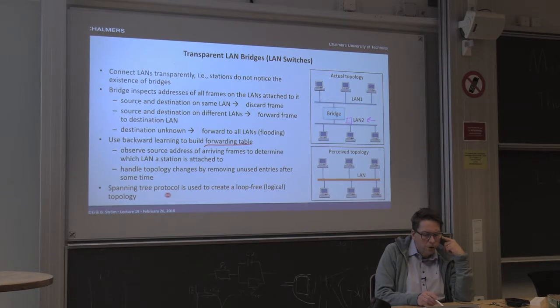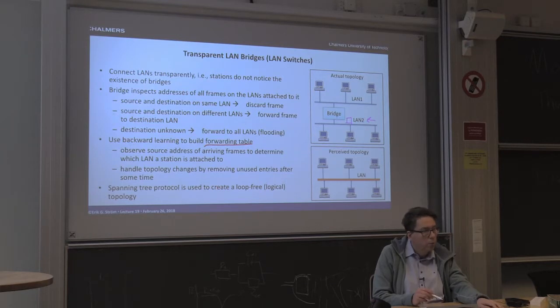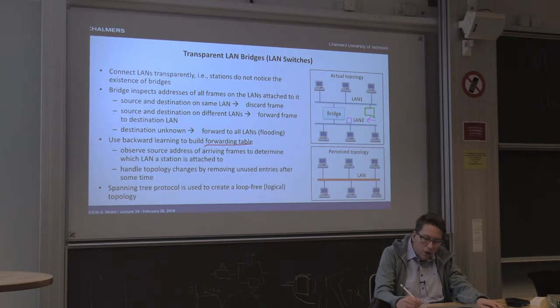We also use a spanning tree protocol, and that is to prevent that we have loops in the topology. Because if somehow we add another bridge like this, then we have a loop here that the packet can go this way, and then go back this way, and then go back this way, and can keep on running around there in circles for a long, long time without ever dying, and this is not desirable.